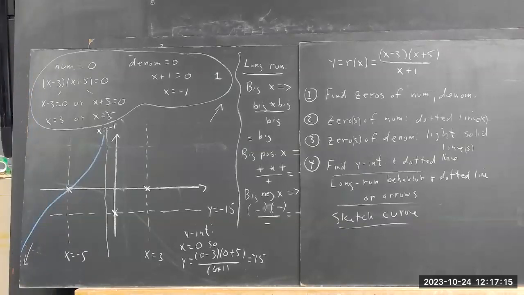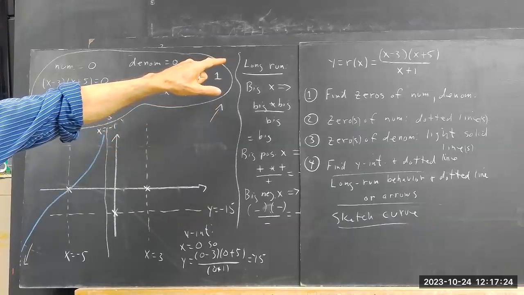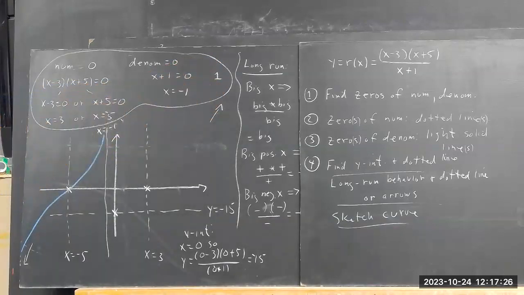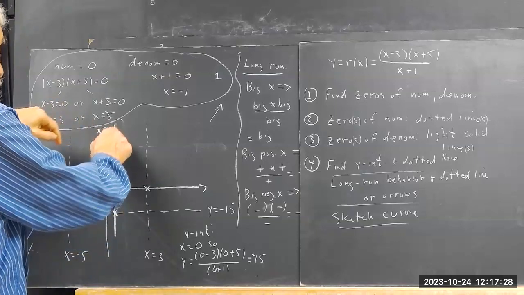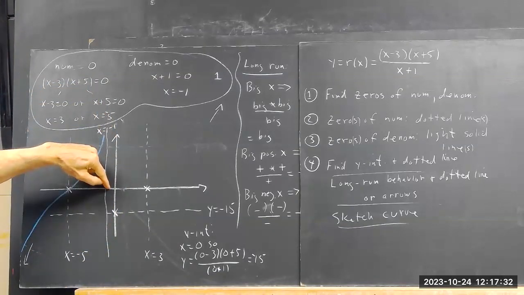Now, how am I going to start with a vertical asymptote on this side of x equals 1, go through this point, and then go on up? Well, it's pretty easy to do that. I just start down low. I can't start high because I can't get from here down to here without going through the x-axis.